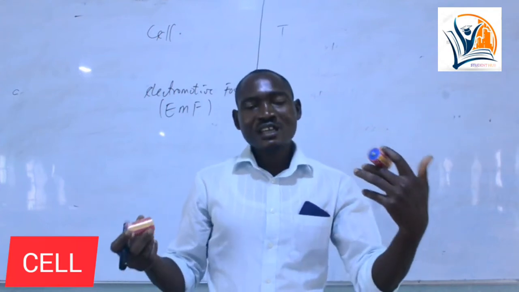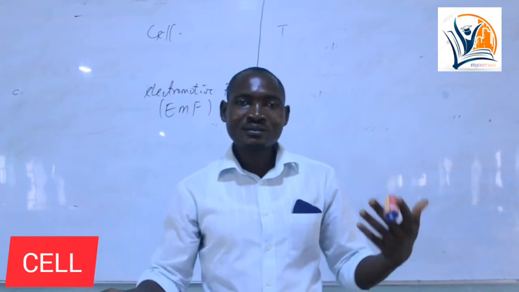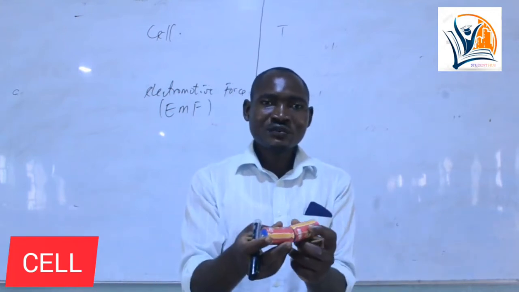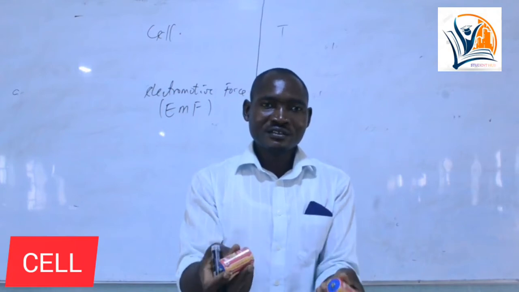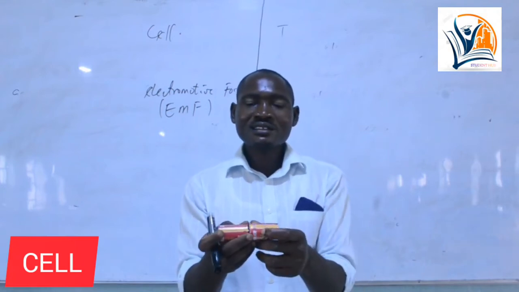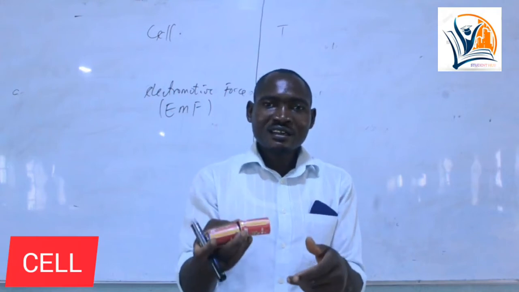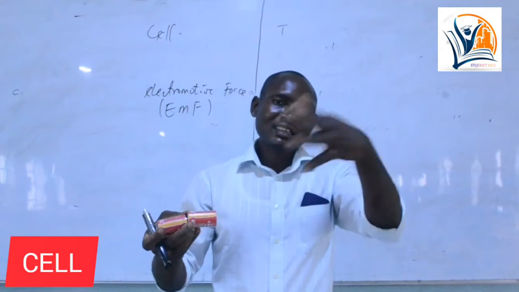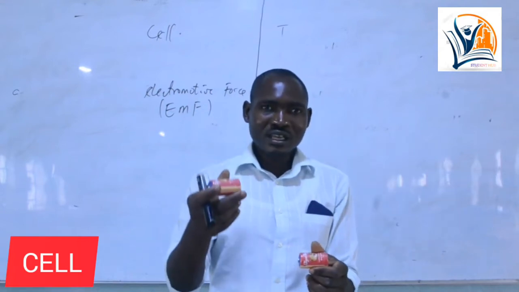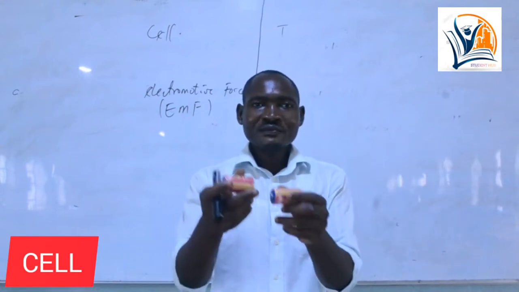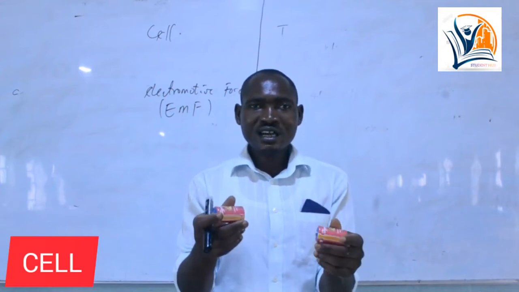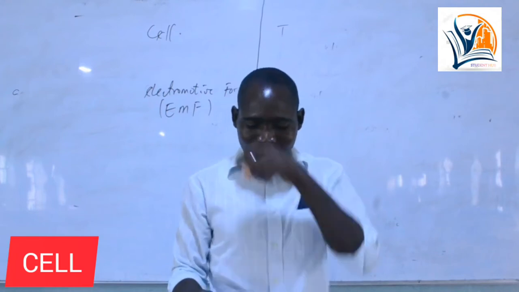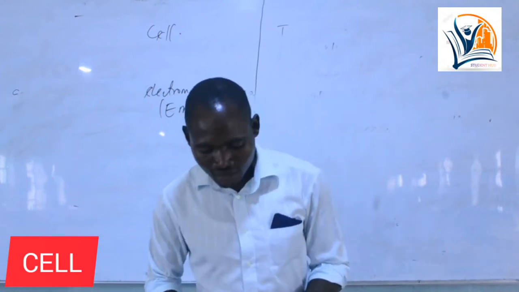Why is electromotive force greater than potential difference? Because in electromotive force, no current is delivered, while in this one, current is delivered, and there are voltage drops across the circuit. So we won't expect to see the same value, because there are voltage drops across the cell. And we have what we call lost volt.